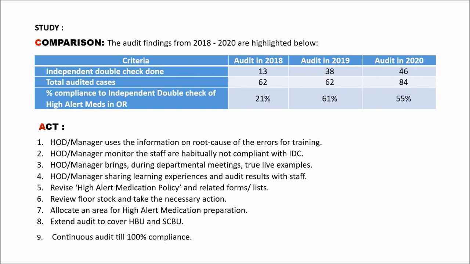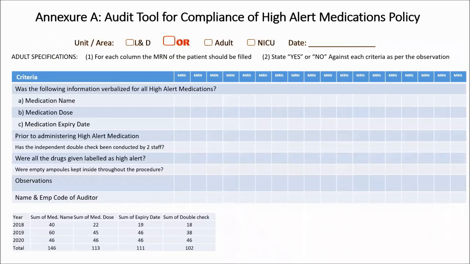Review floor stock and take the necessary actions depending on the audit results. Allocate an area for high alert medication preparation, which needs to be quiet and separate with no interruption. Extend the audit to cover the HPU and SCBU, all areas other than the OR, which is dissemination and implementation in all other areas, with continuous audit to complete the cycle of 100% compliance around the hospital.